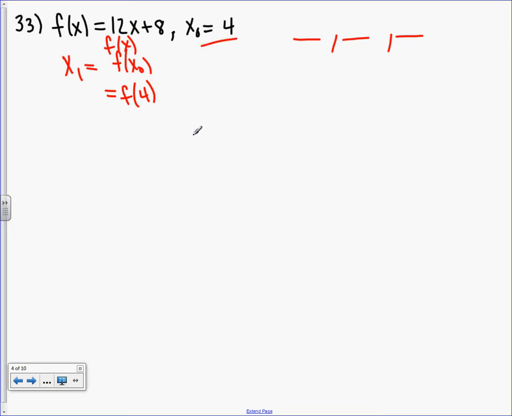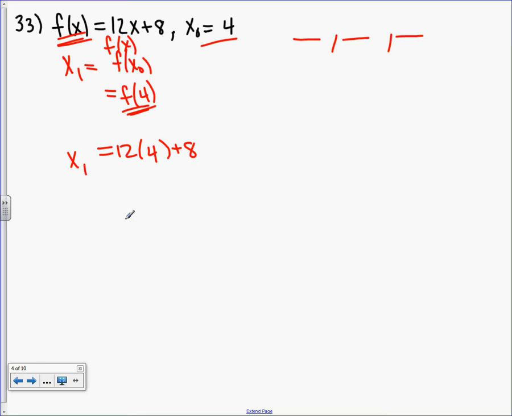Right here. So I'm just substituting. I've done nothing fancy. In my function, instead of an x, I'm going to put a 4. So 12 times x plus 8. That is what x sub 1 is. What is 12 times 4?